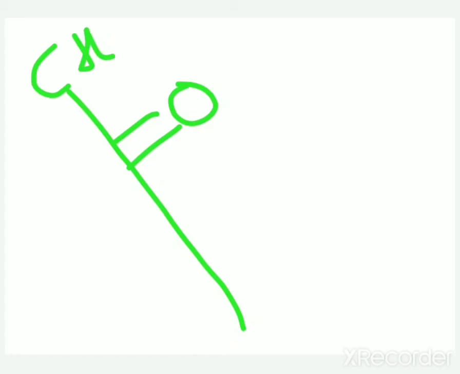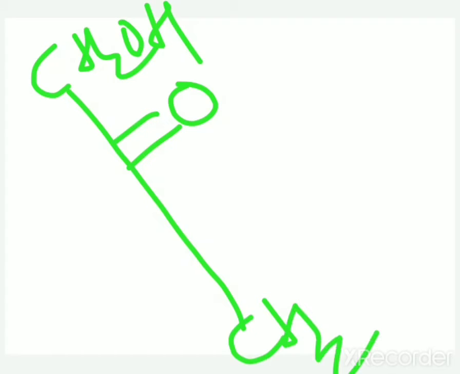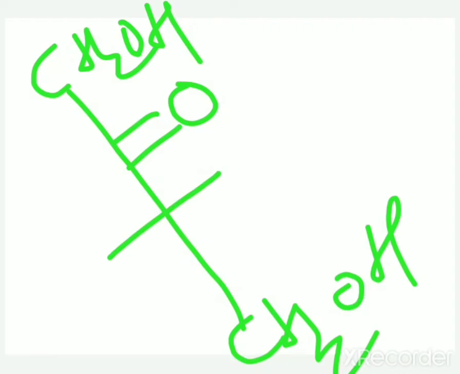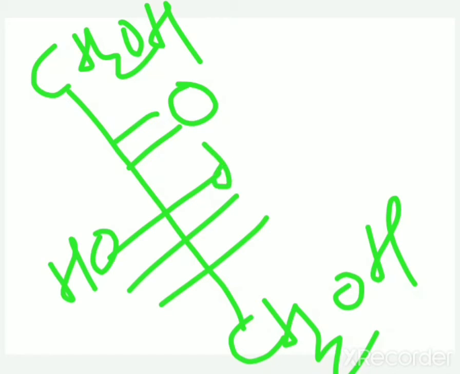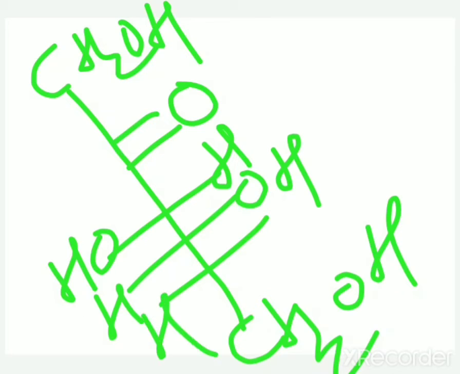On top, CH2OH. On bottom, CH2OH. In the middle, 3 lines. First line OH on left side, then H, OH, H, OH. This is the structure of fructose.